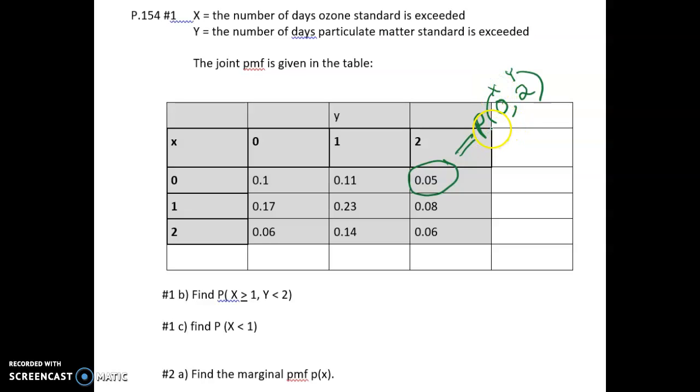Okay, so this is P of XY of 0, 2. So all the values in this table are P of XY's. All right, and it's discrete, so those are actual probabilities.